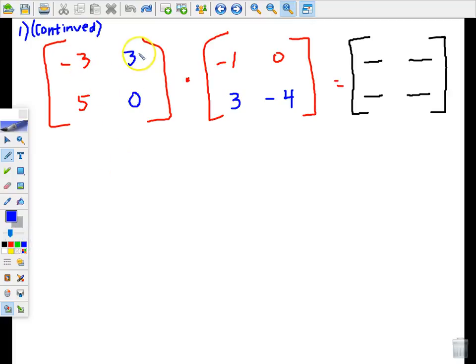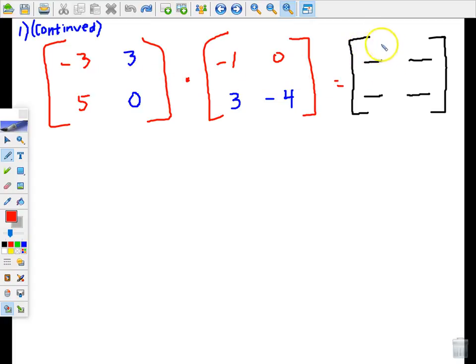So I've done some color coding just so you can follow this process a little easier. And once you've done a few of these, it's really not too bad. Remember, here we are trying to fill in the blanks of our product matrix, and I'm going to work on this blank first. This is row 1, column 1 of the answer.